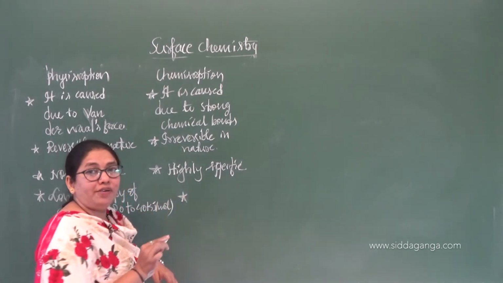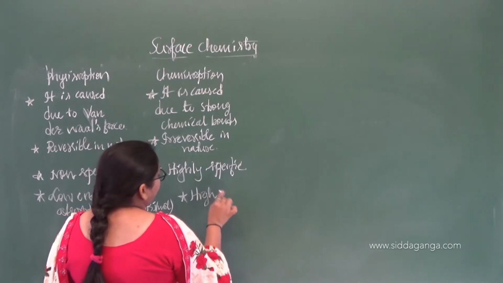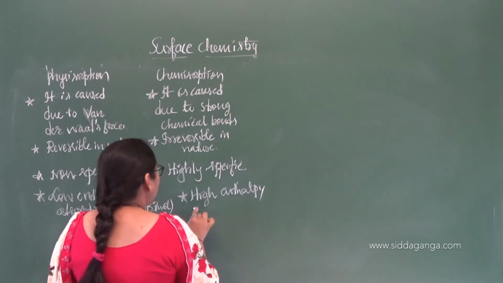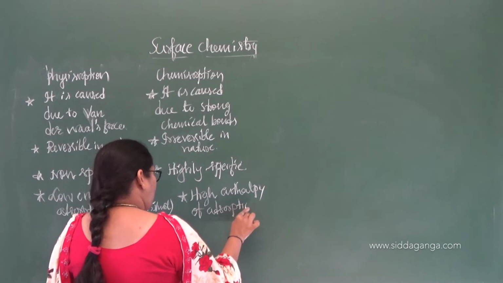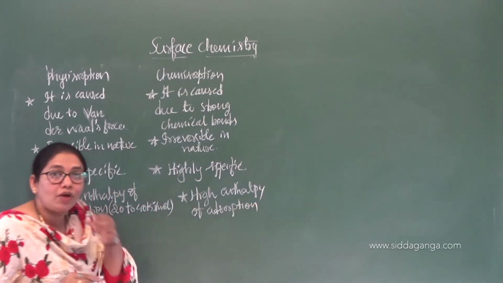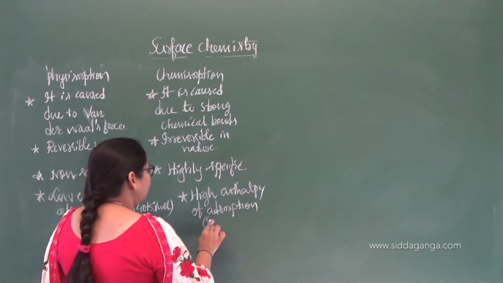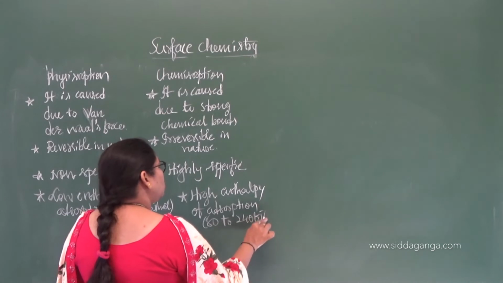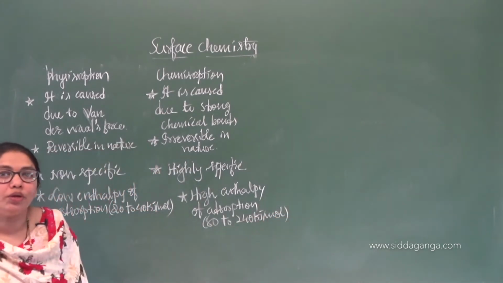Likewise, you can quote the difference here. What is the point you can give? High enthalpy of adsorption. Yes, what is that value? Yes, recall. 80 to 240 kilojoules per mole. Very good.